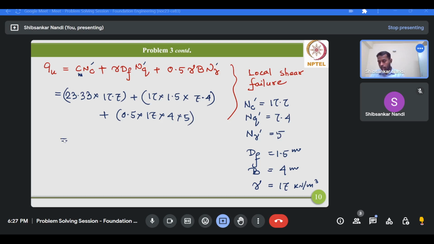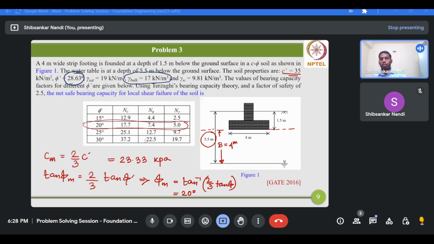If you calculate them, it will be 771.64 kPa.